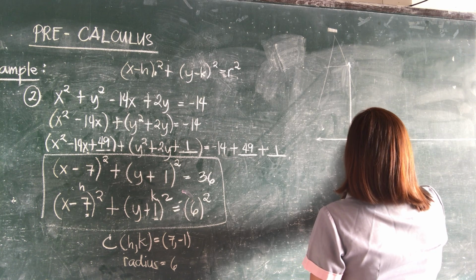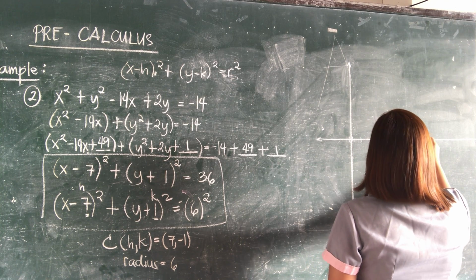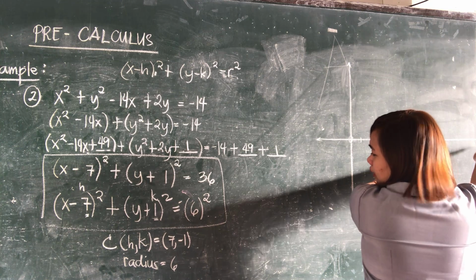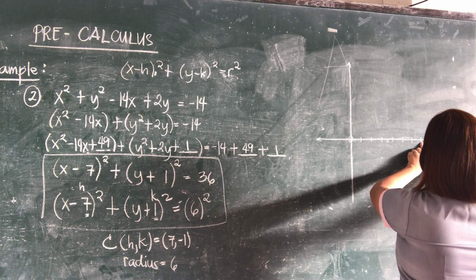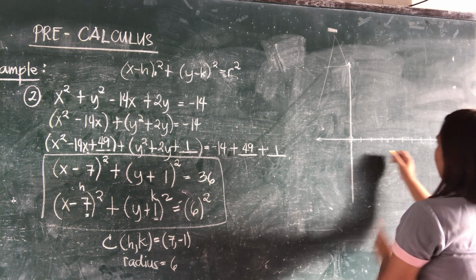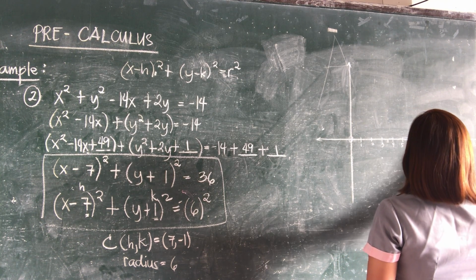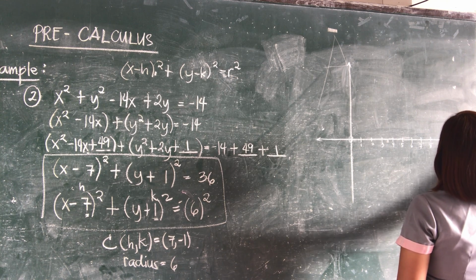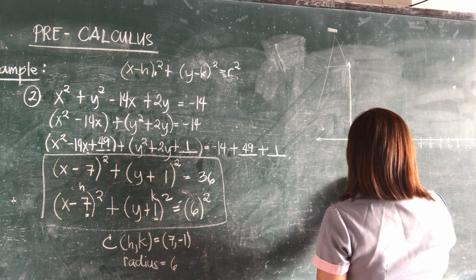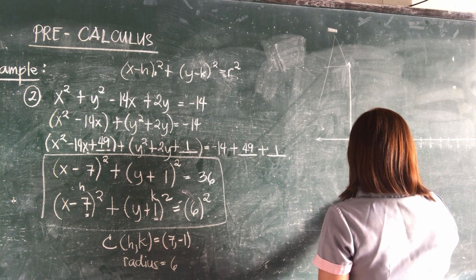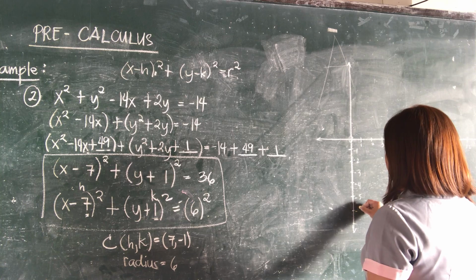This will be 1, 2, 3, 4, 5, 6, 7. Tapos, add tayo agad ng 6, kasi reduce natin 6. 1, 2, 3, 4, 5, 6, 7, 8, 9, 10, 11, 13. Then going down, we have negative 1, negative 2, negative 3, 4, 5, 6, 7.